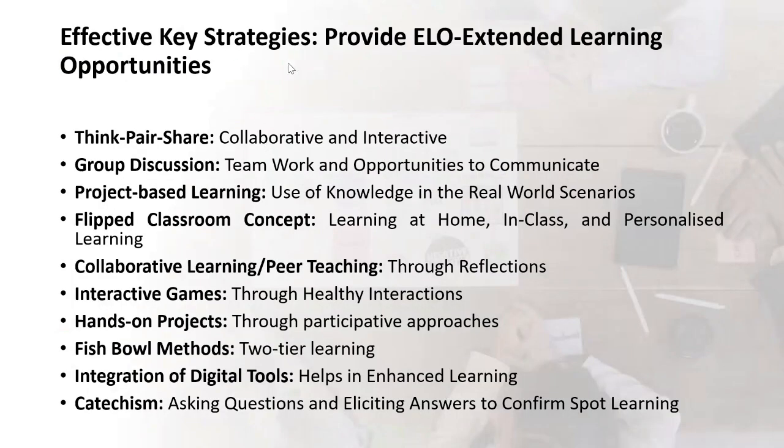Effective key strategies: provide ELO, extended learning opportunities. What are they? Think, pair, share. These are the things that will help the children to learn better. What do you mean by think, pair, and share? It has got collaborative and interactive approaches.